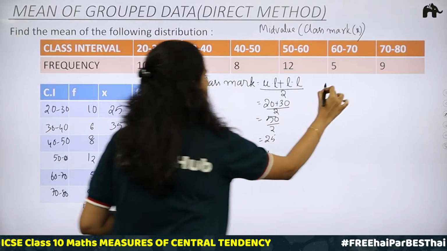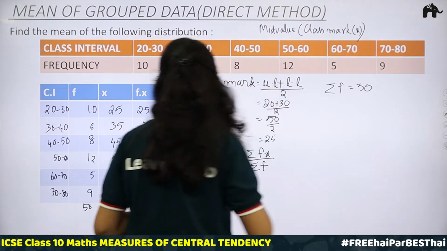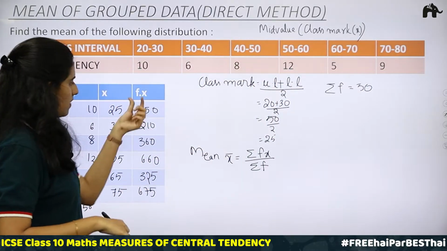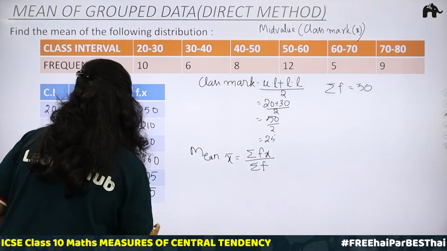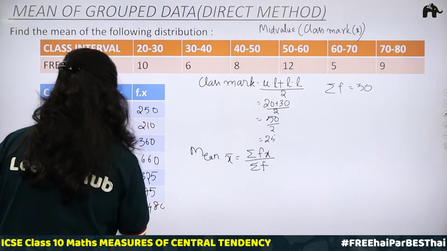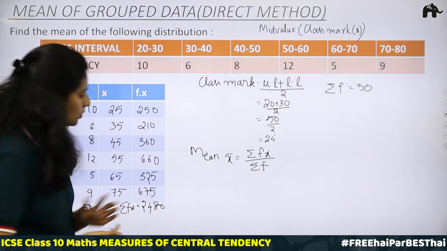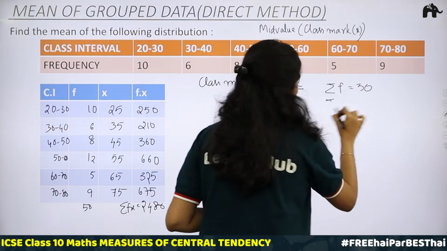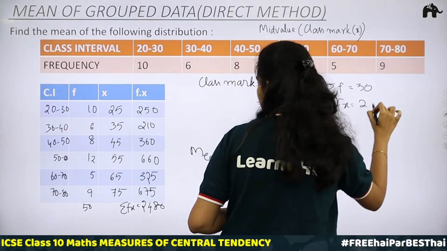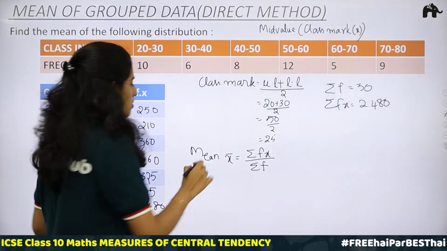Sigma f is equal to 50. When you add all the fx values, you get 2480. Sigma fx is equal to 2480.